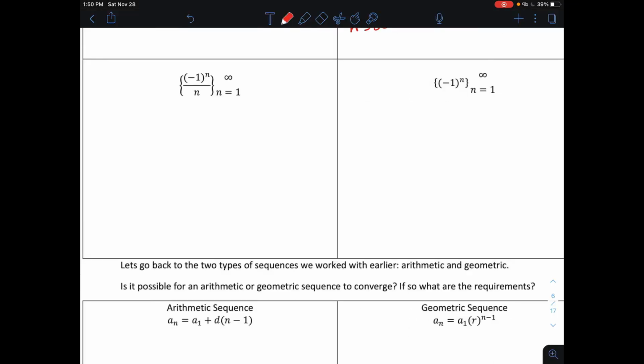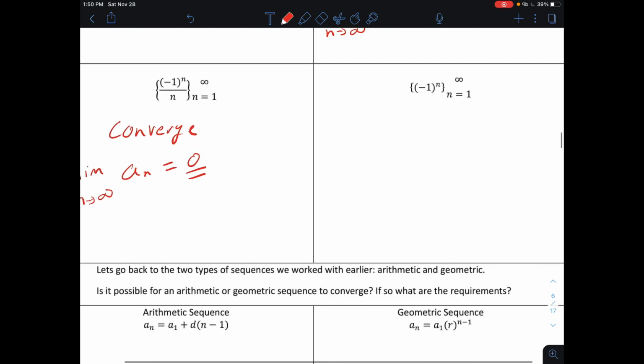So what we saw is it does converge because its values are narrowing in on a certain number, and we can write that as a limit. So we'd say the limit as n approaches infinity of our explicit formula is approaching 0, so it approached a finite number of 0, and we saw that it converges.